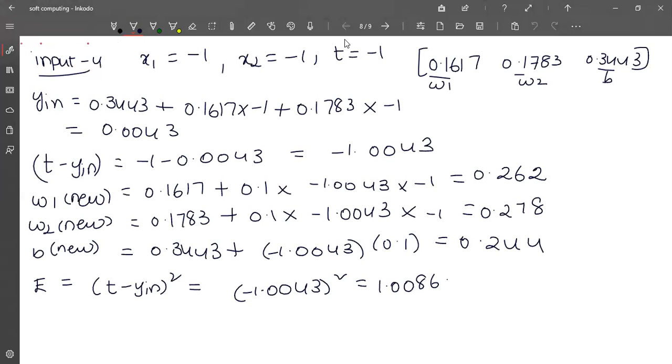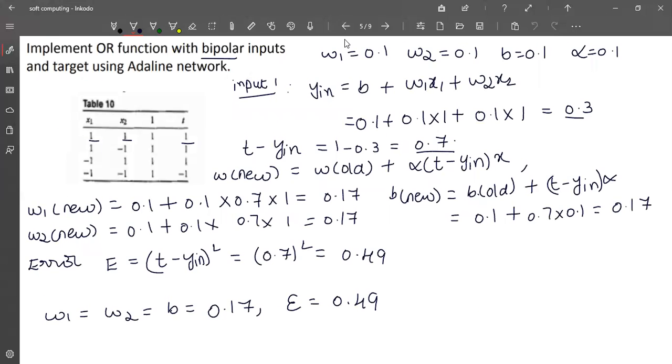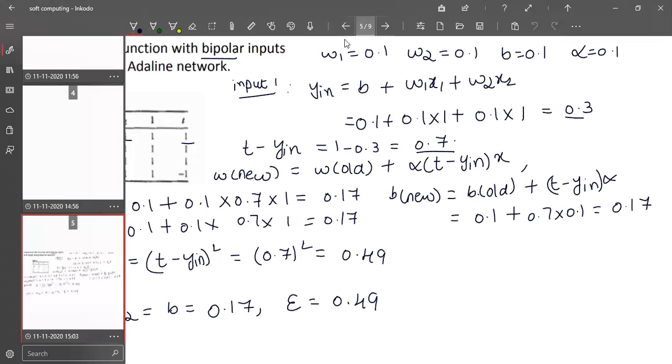So now after completion of an epoch, what we have to do is calculate the total of the errors which we obtain in each input. See, for input 1 we got 0.49.